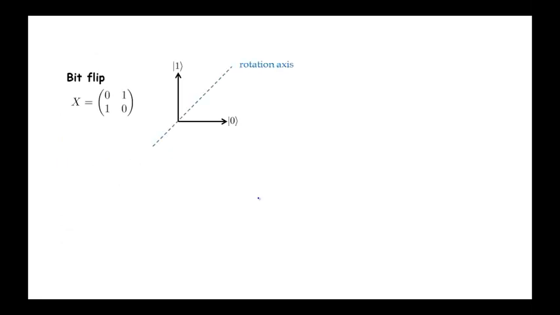Okay, it's useful to think about this geometrically. So the bit flip, one way you can think about it is that it's a reflection of this picture, the 0, 1, about the 45-degree line. Okay, about this 45-degree axis.